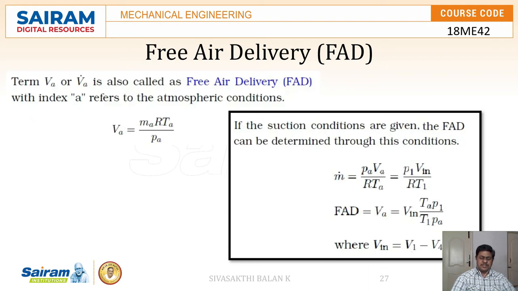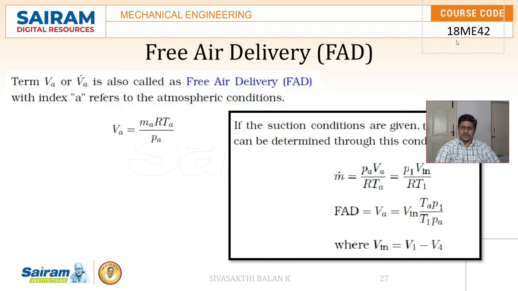This relation we get from the general gas equation, PV is equal to MRT. If the suction conditions are given, the FAD can be determined through these conditions. This is one example which can give clarity about how free air delivery is calculated in the compressor.